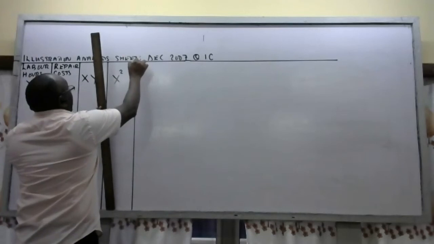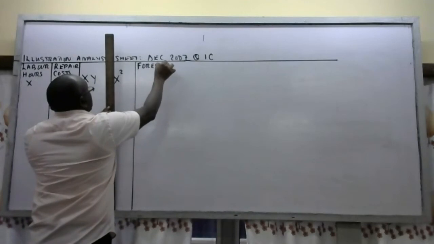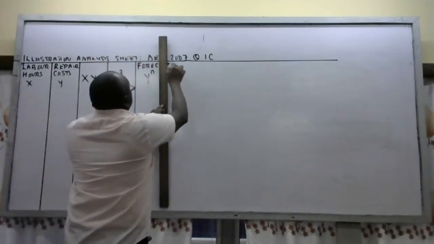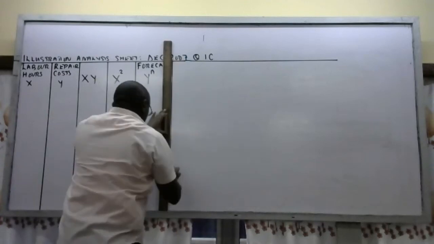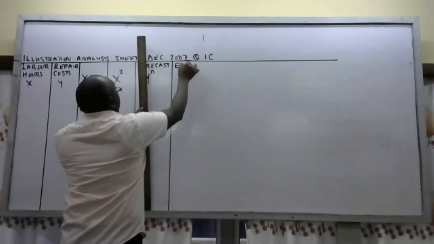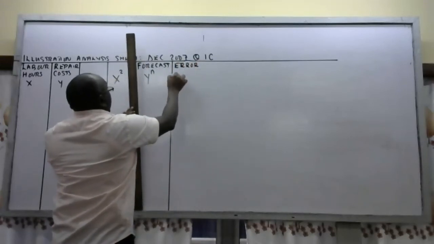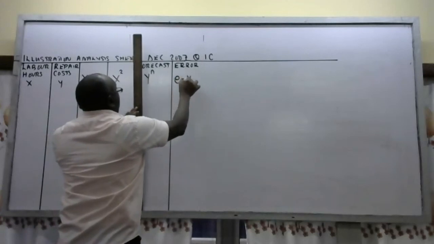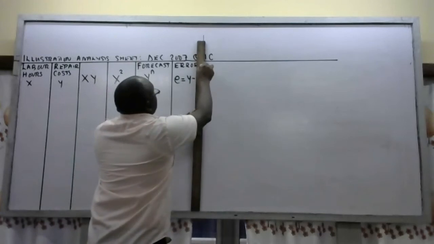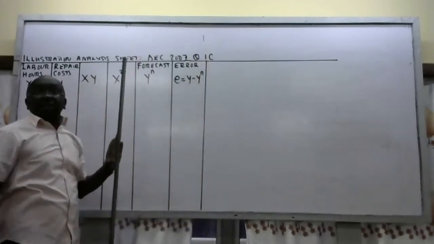Then we have the forecasts. The forecast is normally called Y predicted. Then we have the error, which is given as E equals Y minus Y predicted.